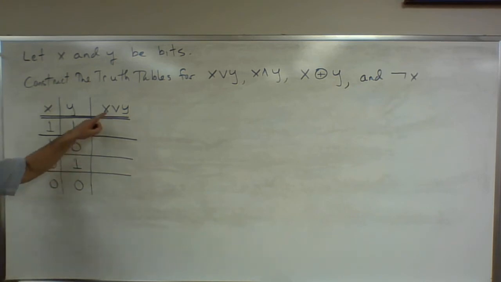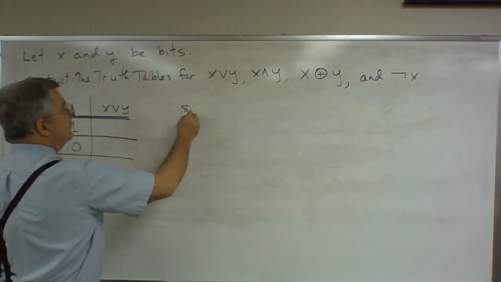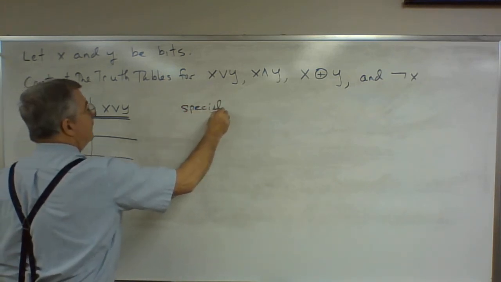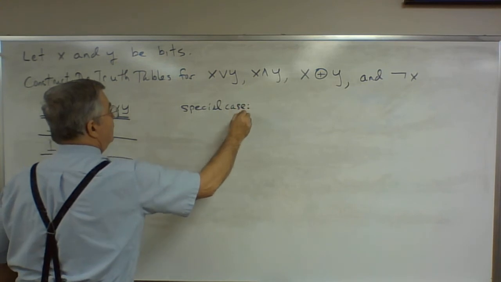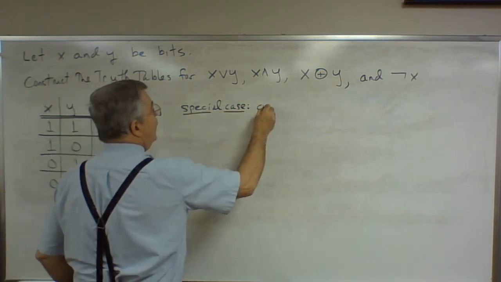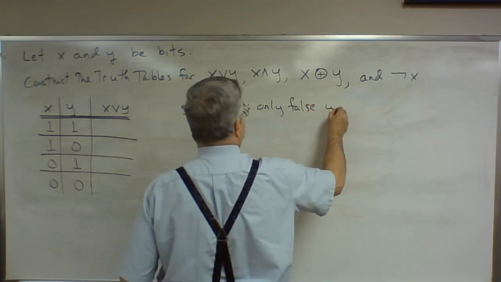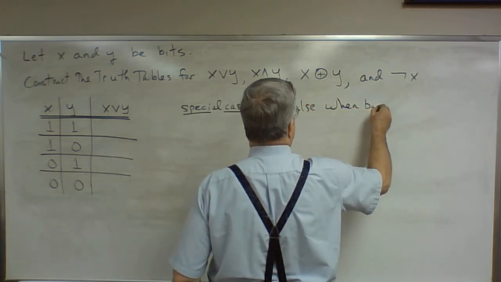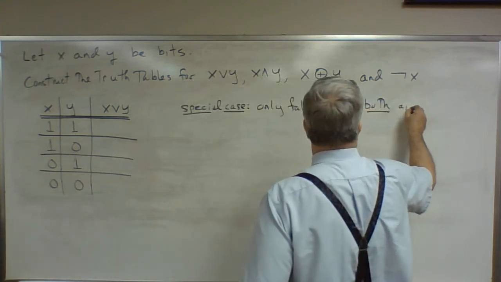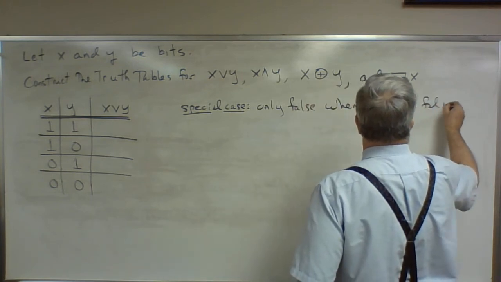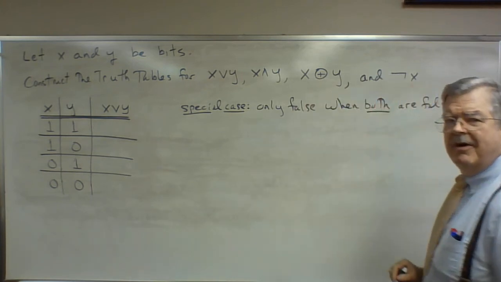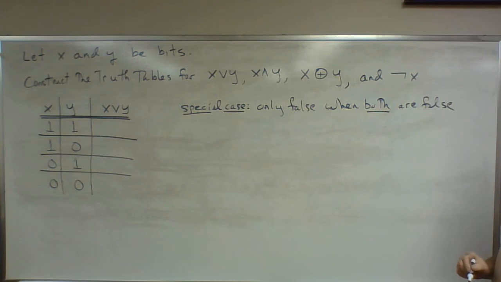And for a disjunction or an or, what's the special case? They're only false when both are false. Okay.